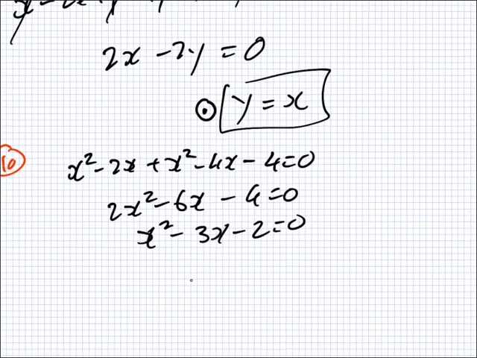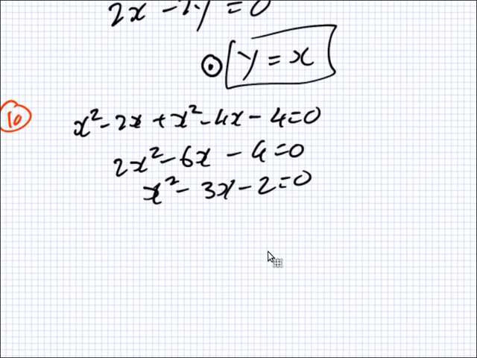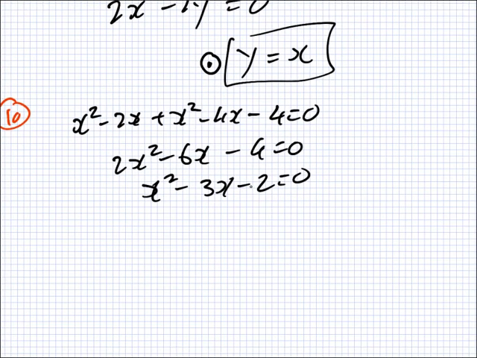What is the solution here? Minus 3 plus 1, minus 2 plus 1, minus 2 minus 1. No, it has to be surds. I don't think it has factors.